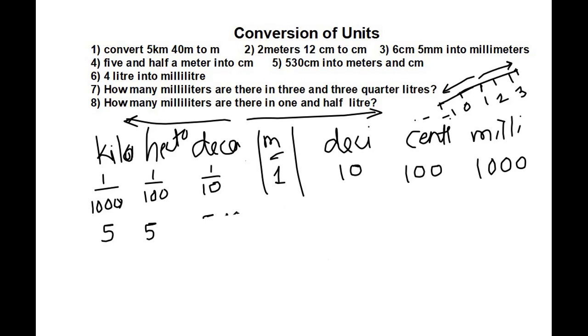Now let's look at another example. What we have is 2 meters and 12 centimeter. We have to convert it into centimeter. So we have 2 meters and we have to go up to centimeter. So again I am going in the positive direction. This becomes 20.